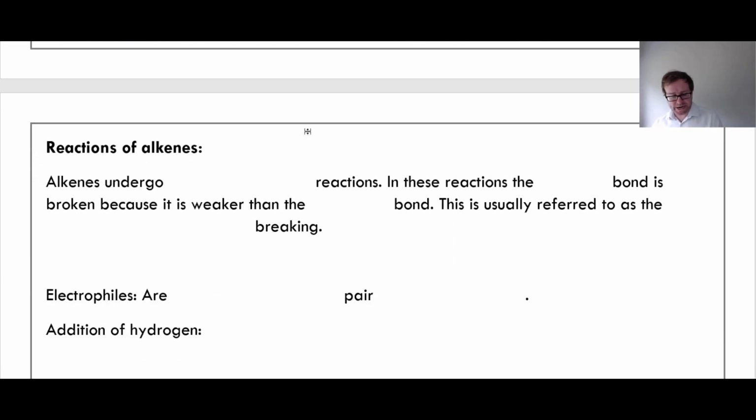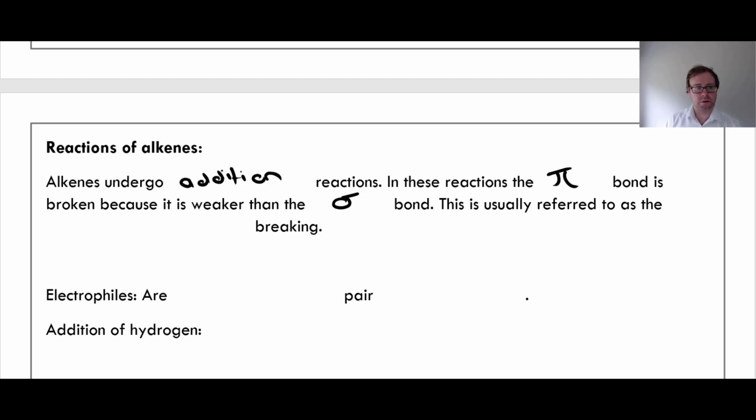Okay, so reactions of alkenes. Alkenes undergo lots of reactions, but the main ones they undergo are addition reactions. In these reactions, the pi bond is broken because it is weaker than the sigma bond.